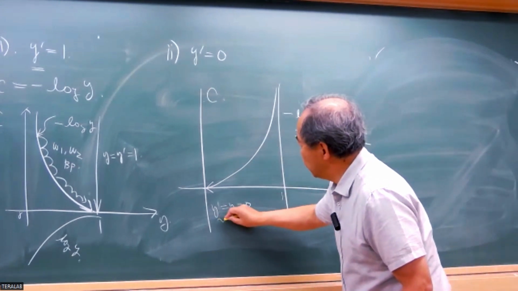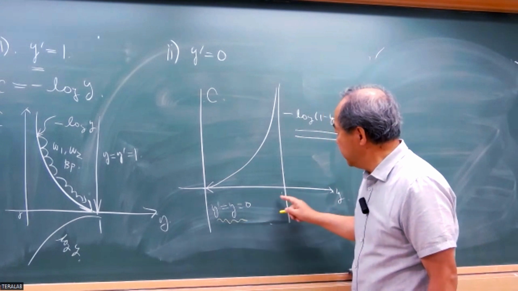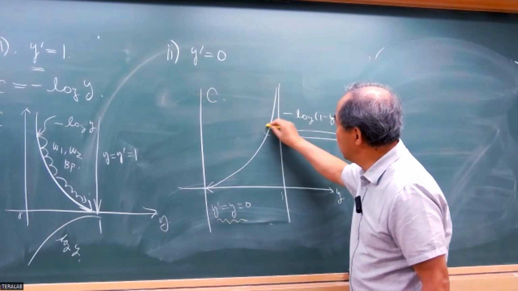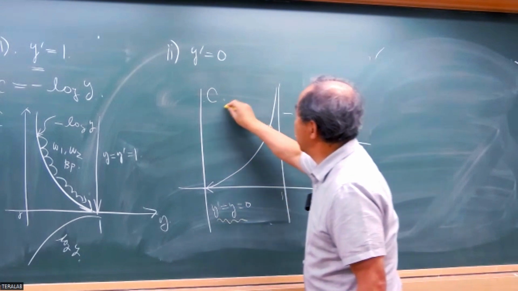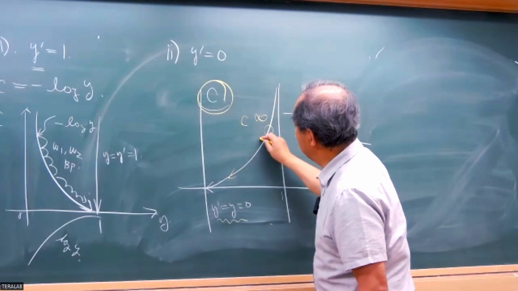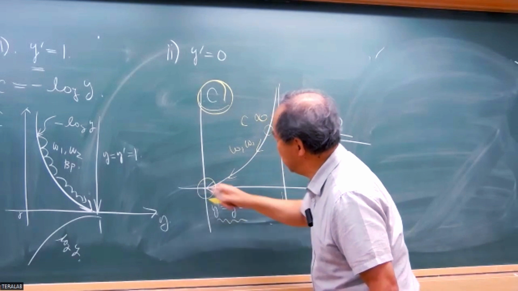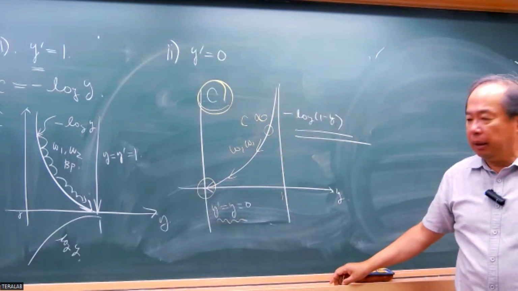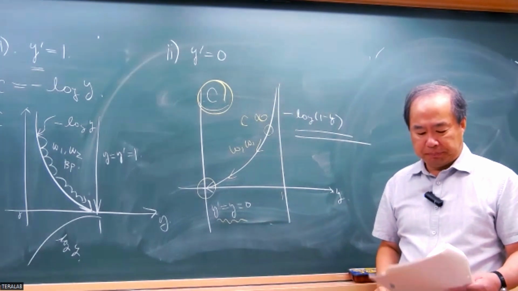So the answer is y should be 0. The output of the deep neural network should be 0. But initially, let's assume that y is near 1, then the cost function is really, really high. And you have to update W1 and W2 until you reach a minimal point where y is equal to 0.